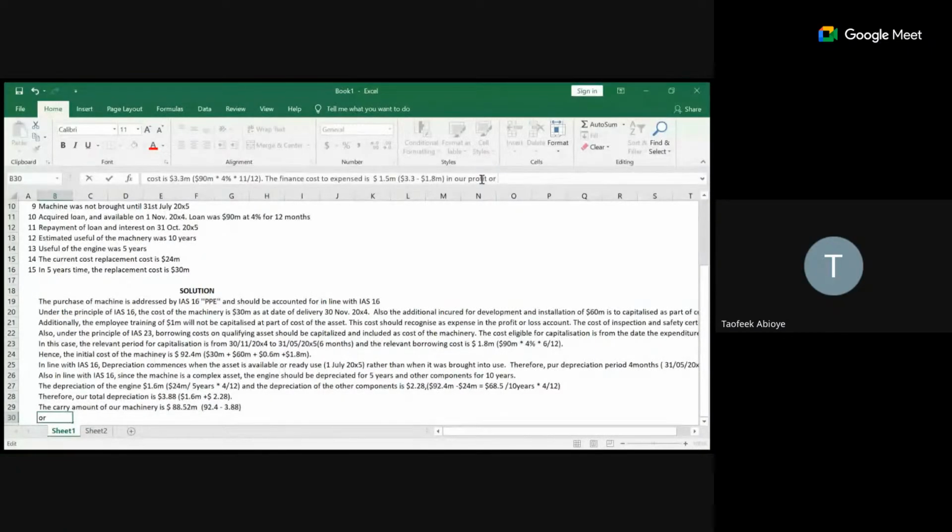However, our accounting period ends in September, 1 month before. So it's 11 months. Out of that 11 months, which is 3.3, IAS 23 says we should capitalize 1.8. So you deduct it from that 3.3, you get 1.5. So that 1.5 is the one that is going to P&L as an expense. So that is it.